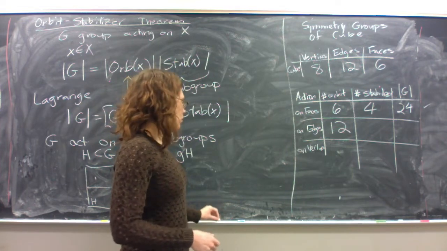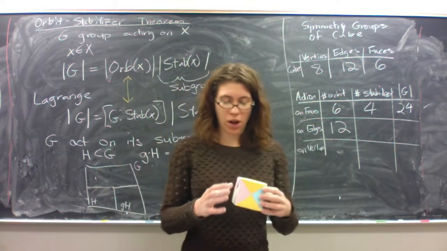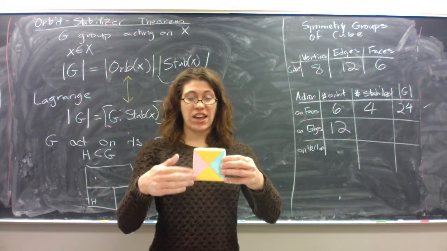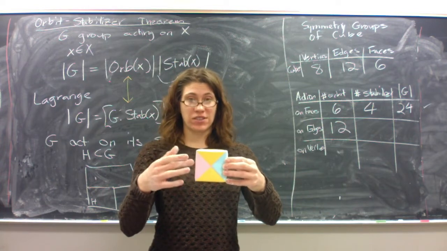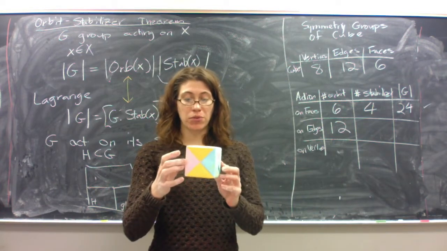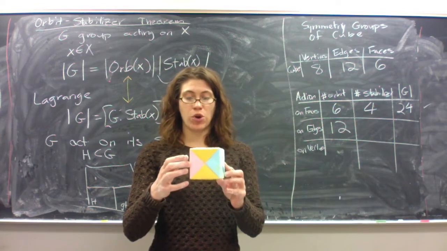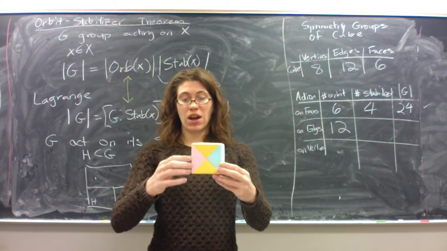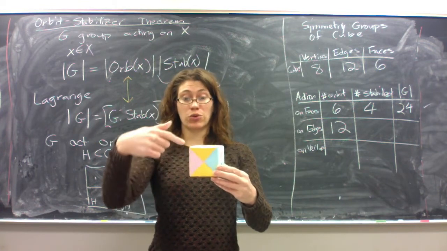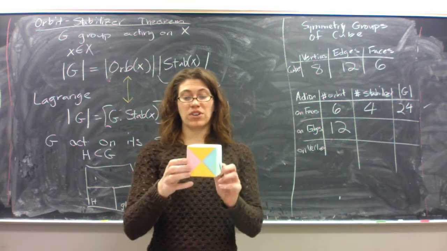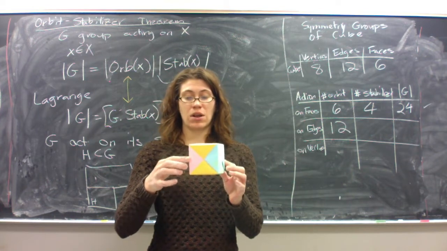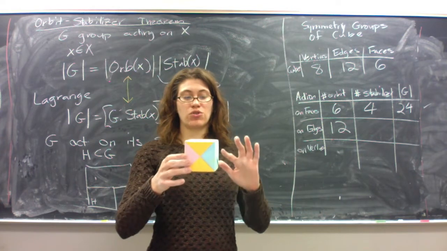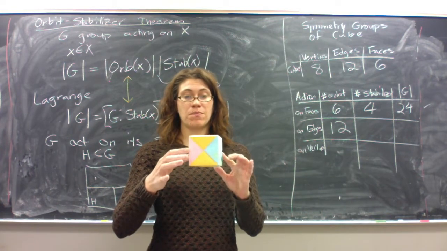So then I need to look at the stabilizer of an edge. So maybe I have a different face in front, but I'm going to look at this same edge, the ways of fixing this same edge. And when we thought through the various symmetries of the cube, in order to fix this edge, I essentially need to fix anything that goes through it. So in particular, I need to fix the axis connecting this edge to the opposite edge.